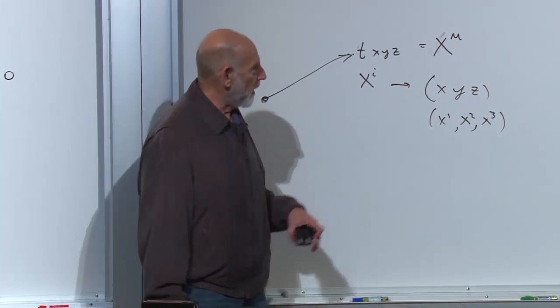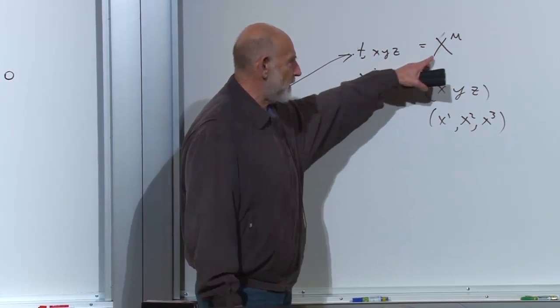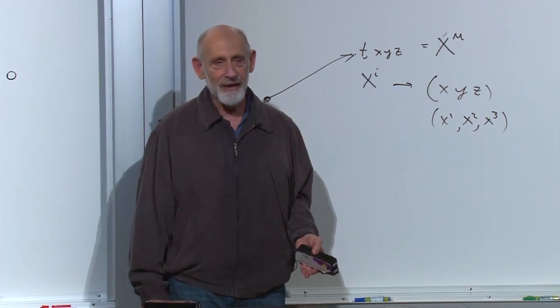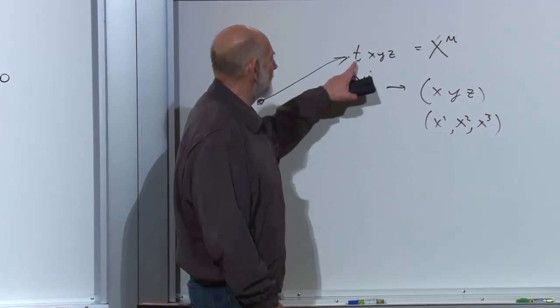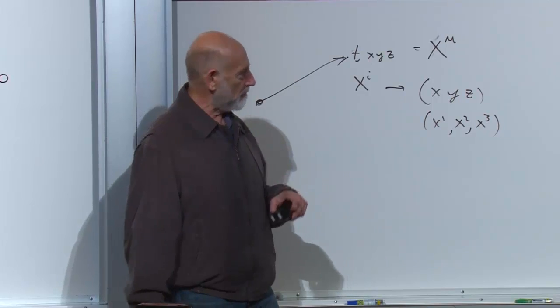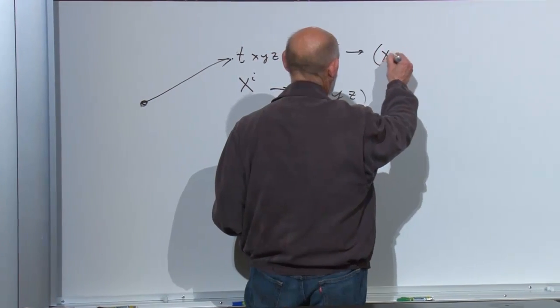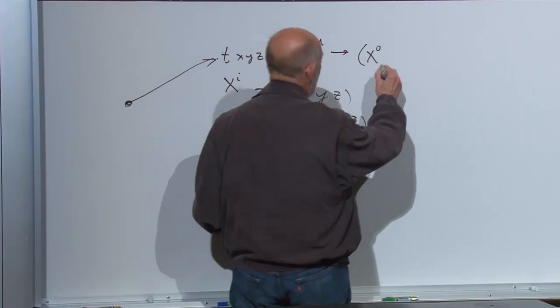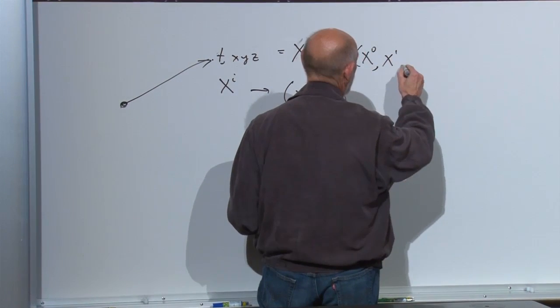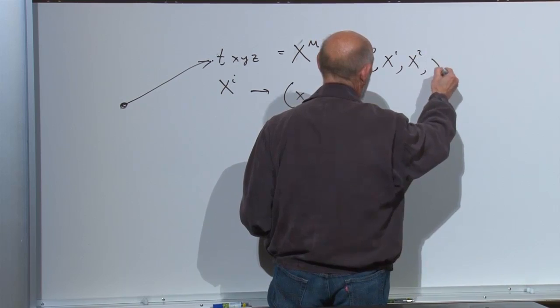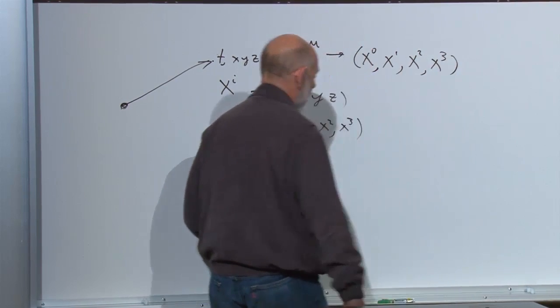You might have thought that time should be the fourth component. For whatever historical reason, time was thought of as the 0th component. So this stands for x0, which is time, x1, which is x, x2, which is y, and x3, which is z.